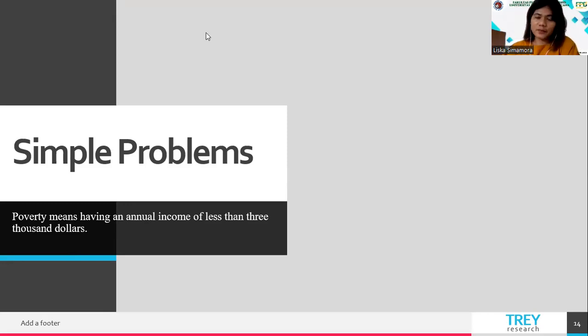Here, they define poverty. They say that poverty is driven by these variables, and this variable is calculable. They only say poverty means having an annual income of less than $3,000. So only one variable, and this variable is calculable. What is the variable? The annual income.